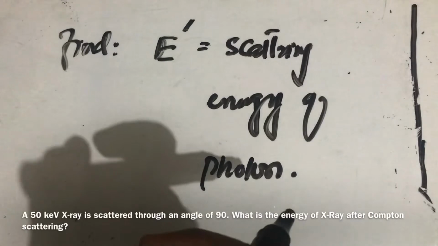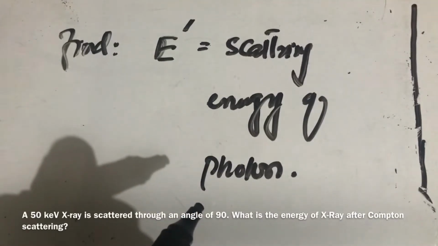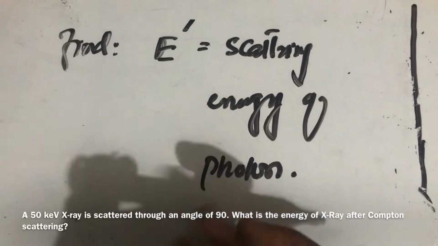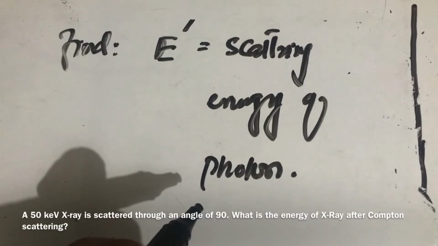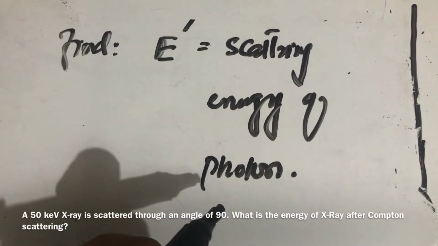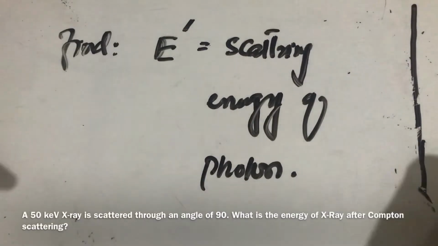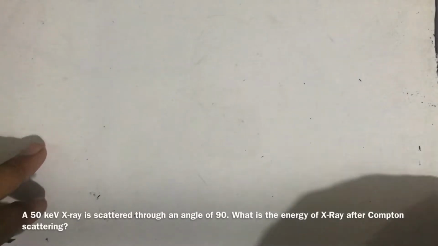And also we know that there must be a change in the value of energy after the scattering, as well as a change in the value of lambda, as we know in the Compton effect.